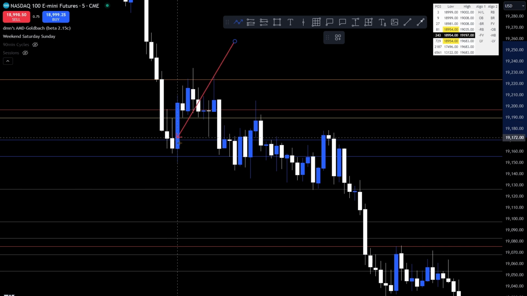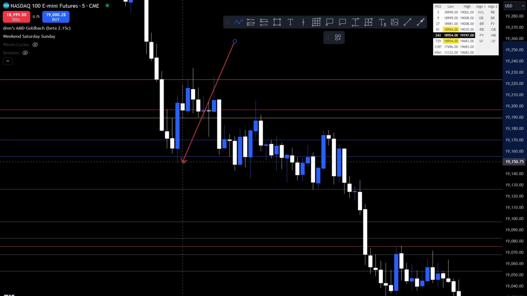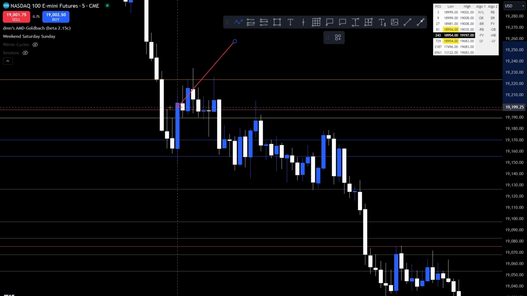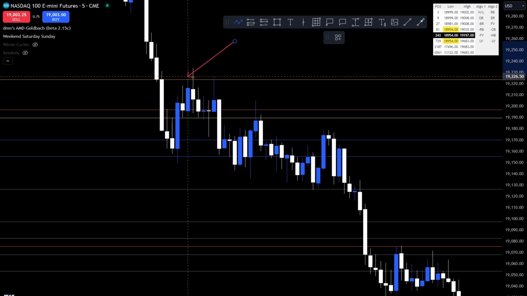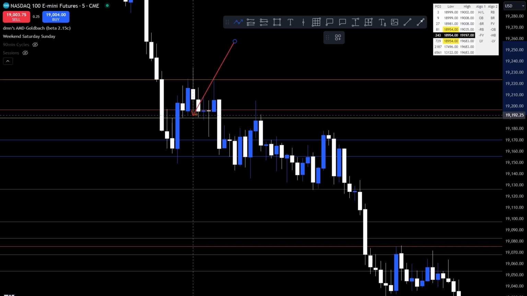You can start to think about the sell side liquidity offered to you. This is the previous dealing range's order block level. If you're comfortable thinking about that, when price has trouble getting above this, you can start paying more attention to this dealing range below you.